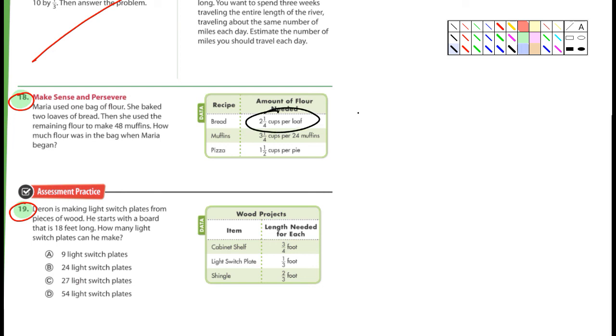So it's going to be 2 times 2 1/4. Can you multiply a whole number by a mixed number? No, you got to change it. So this is going to be 2 times, what's 4 times 2? 8 plus 1 is 9. It's going to be 2 times 9 over 4. That'll equal something. I'm going to let you do that part.